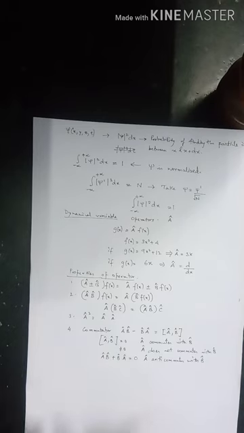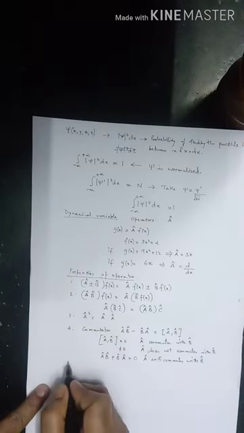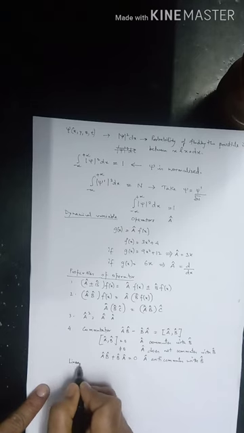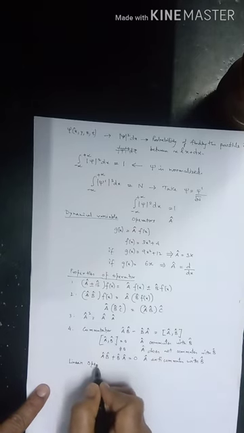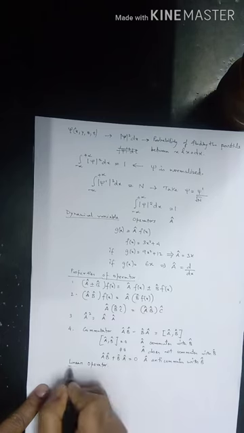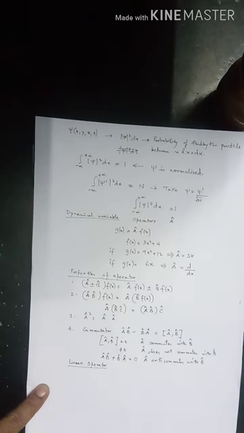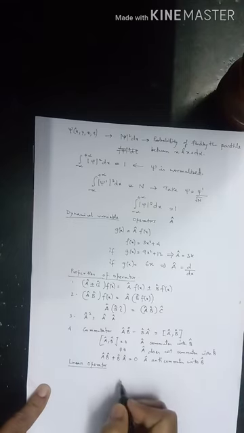There is a class of operators which are called linear operators, and they are said to obey only two properties. An operator is said to be linear if it obeys these two properties.